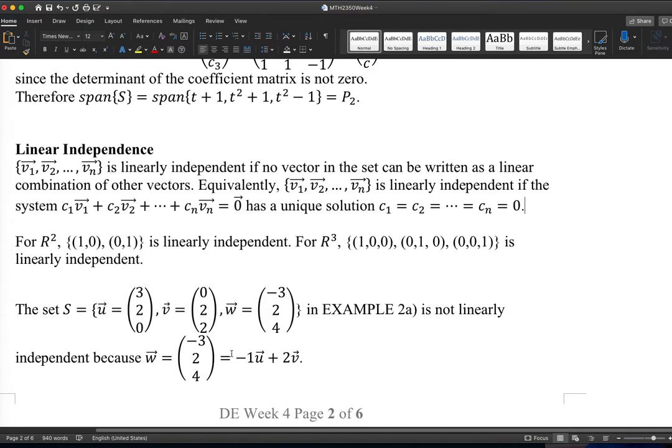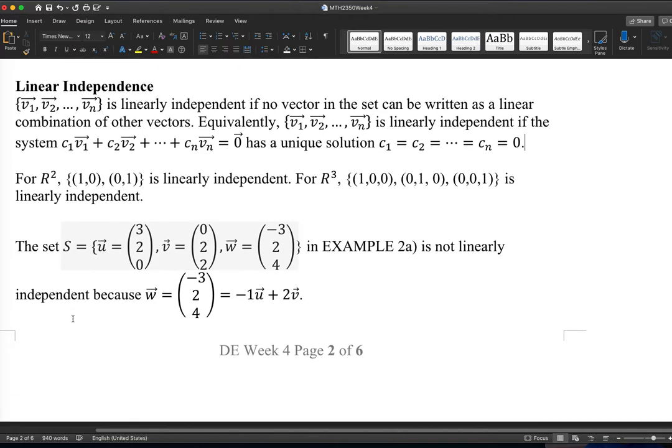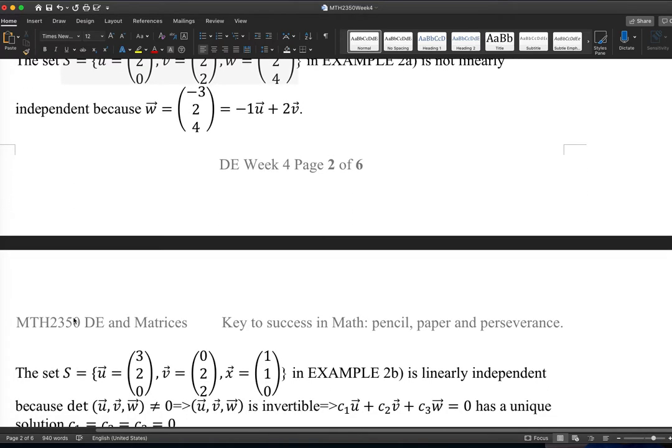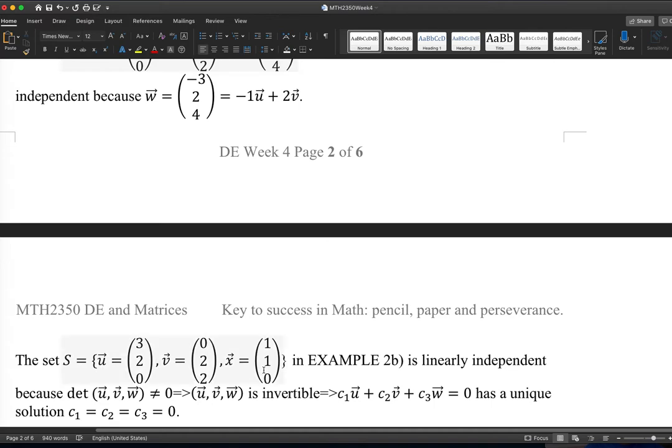And now let's take a look. Actually, this is a set I already mentioned. We consider set UVW. It is a set we considered in example 1 and example 2, part A. And we noted W is a linear combination of U and V. So this set is not linearly independent. And I do have another set, UVX.